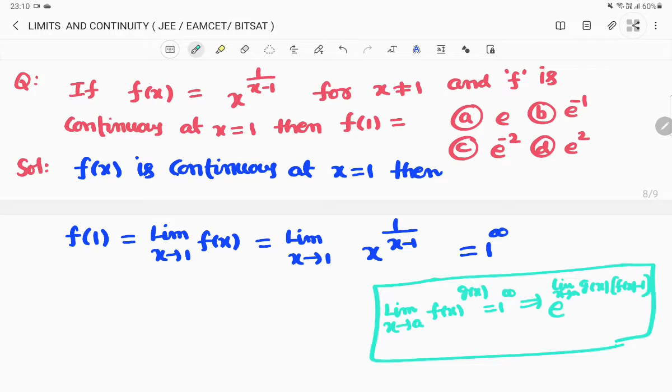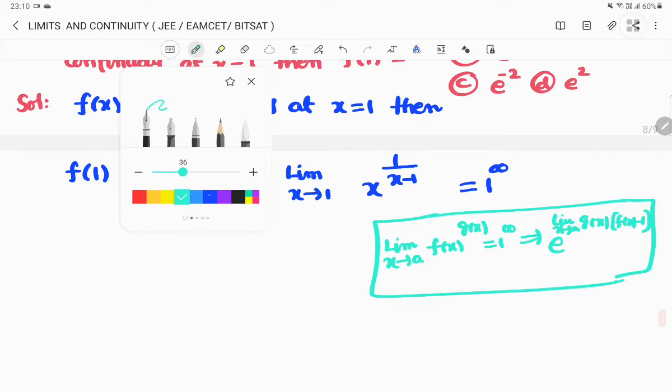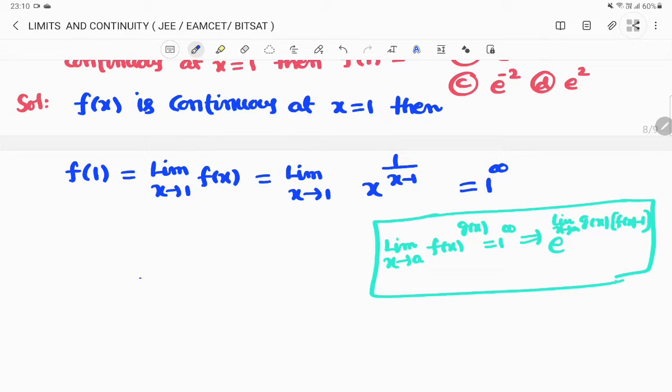This is the way you can apply. So by using this procedure, this limit becomes e power limit x tends to 1 of 1 by x minus 1 into f of x minus 1.